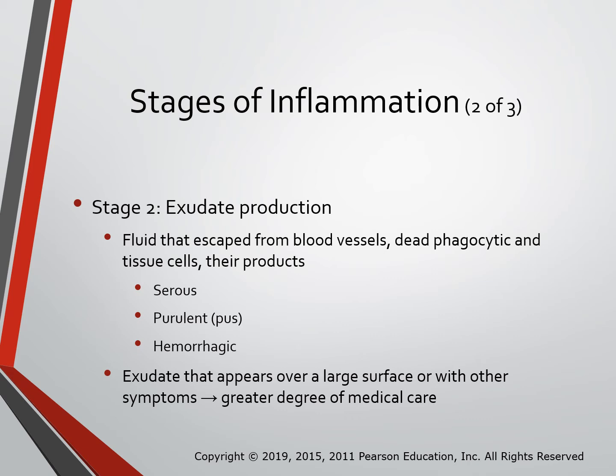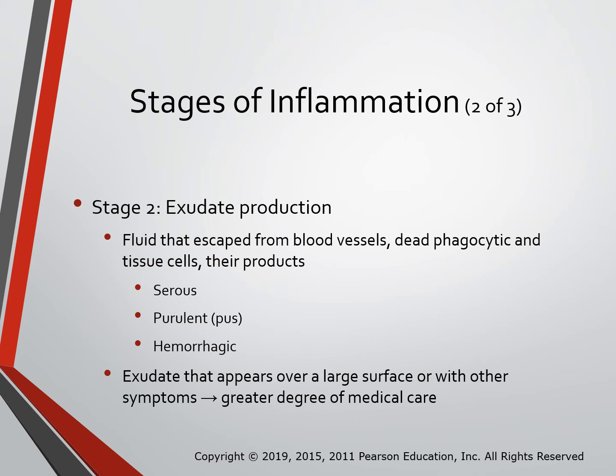Purulent exudate is usually opaque or milky, commonly referred to as pus. Purulent exudate normally indicates the presence of infection and contains a large quantity of cells and necrotic debris. Because hemorrhagic exudate contains blood from ruptured blood vessels, it is red and thick. This type of exudate leaks from tissues or capillaries as a result of infection or injury.